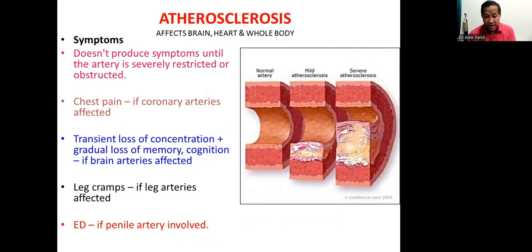You may have chest pain if the coronary arteries are affected. If the brain arteries are affected, then you may have transient loss of concentration, gradual loss of memory and cognition. If it's in the legs, you can have painful leg cramps. And if it's in the penis for the guys, then it is one of the major causes of erectile dysfunction. So throughout the body, from head to toe.